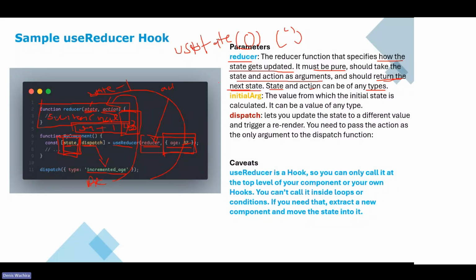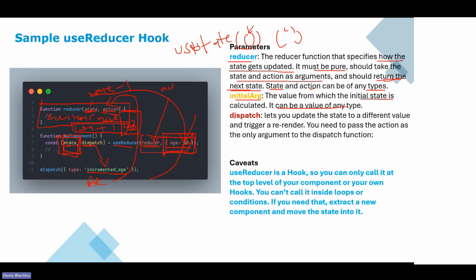Then the initial value is the value from which the initial state is calculated, whatever you pass as the initial value. So this is an object, which is an initial value. It can be a value of any type, the way we did yesterday. It can be an object, an array, a string, a boolean.